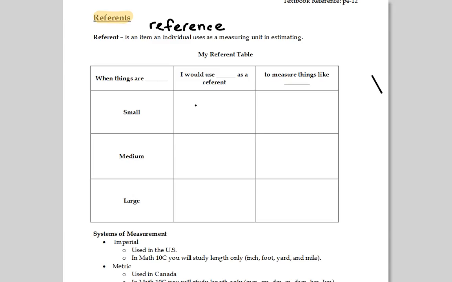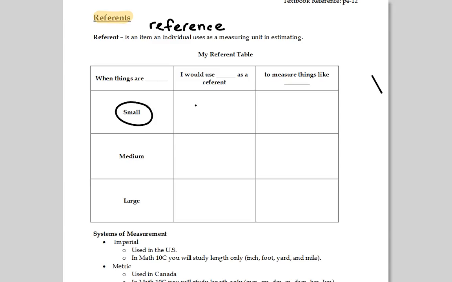That's a referent. Okay? People that raise horses and deal with those animals and do horse racing and all that stuff, they use the hand. They call it like, how many hands is your horse? Whatever, right? That's just a referent. Okay? So let's go through this chart. If things are small, what kind of a referent could you use?